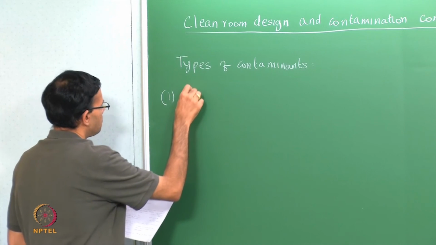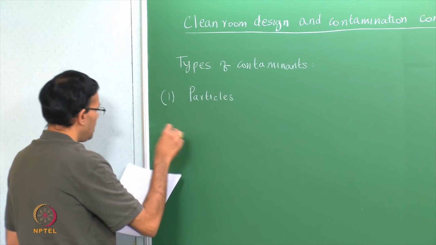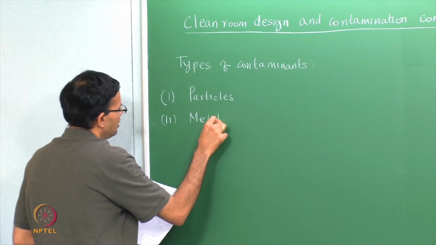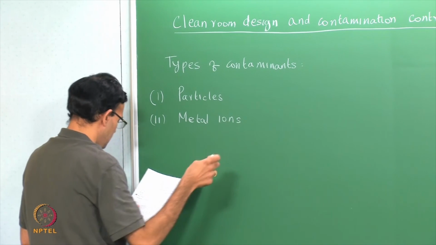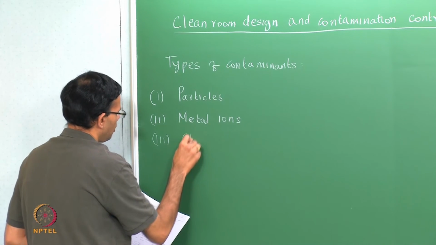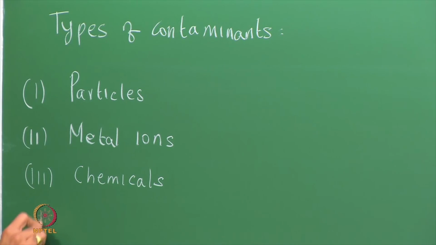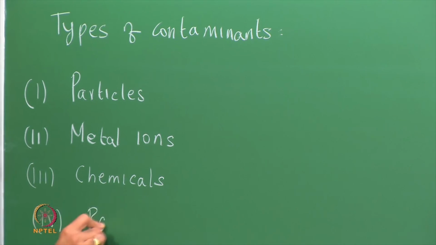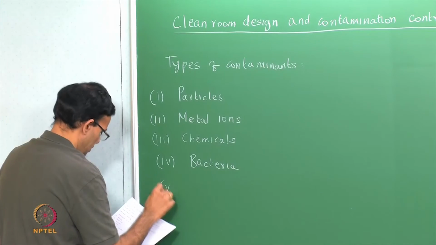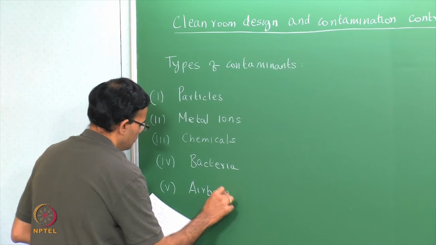So the first one is particles, then we have metal ions, and we will see the role of each of them briefly. Then we have chemicals, so the process chemicals that are used, bacteria, and then finally something called airborne molecular contaminants or AMCs.